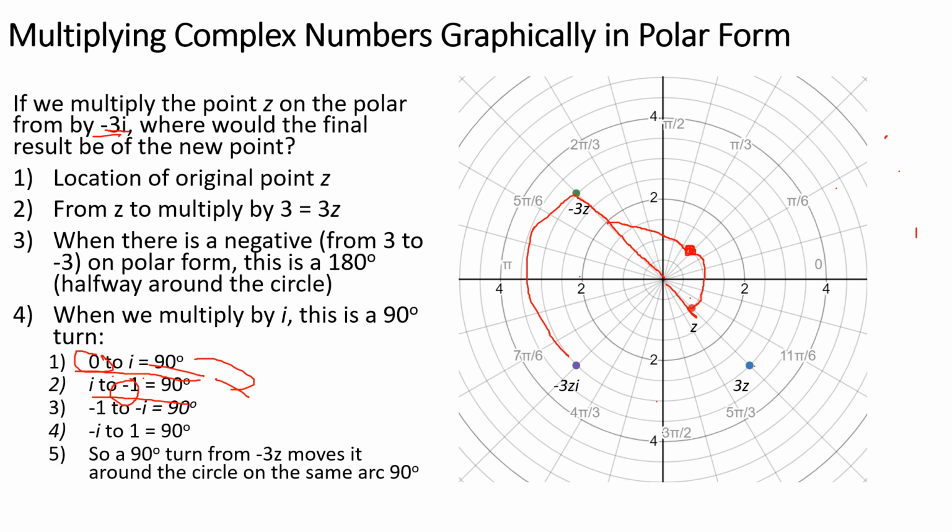So let's regroup one more time on this. Explain what we're doing. Here's my z. I want to increase it to negative 3i in the polar form. Well, it's going to be, here's z. If I increase it by 3, well, there's 3z.